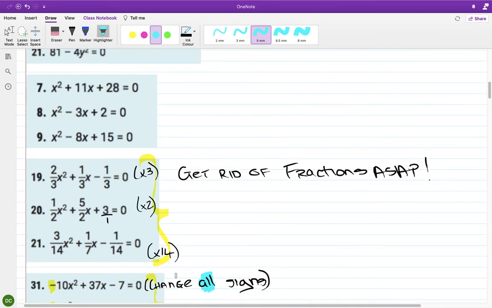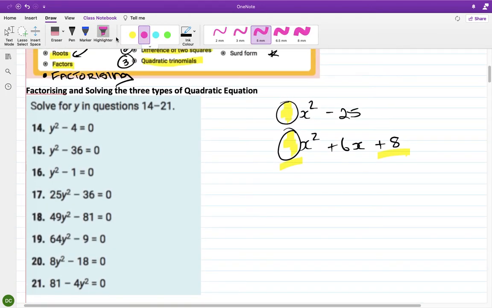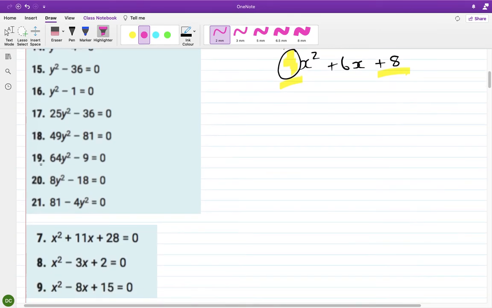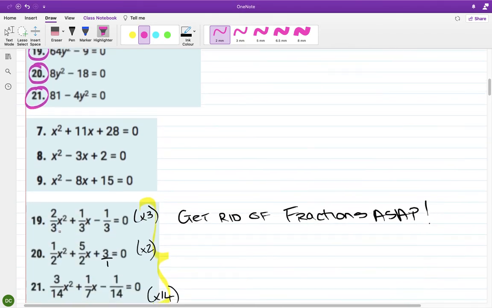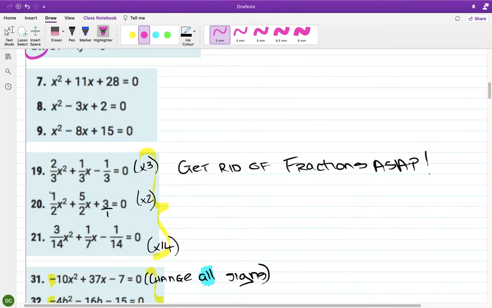Okay, so I'm going to get you to try a few of these. And so this is not anything new. Like I said, the questions are just a tiny bit harder. Okay, so we'll go with 19. Oh yeah, 20 and 21. Won't do them. We'll do 19.